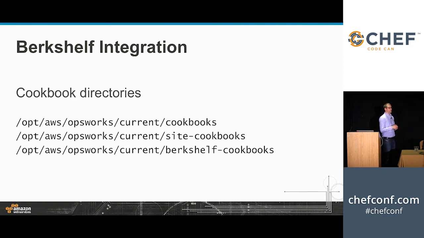So if you're not happy with the built-in recipe that we have, you can override it by just putting it into your own cookbook repository, or by overriding it in a cookbook that you're pulling down with Berkshelf. Same for attributes files or templates or anything. So this allows you to fully customize everything that we ship in our own cookbooks.